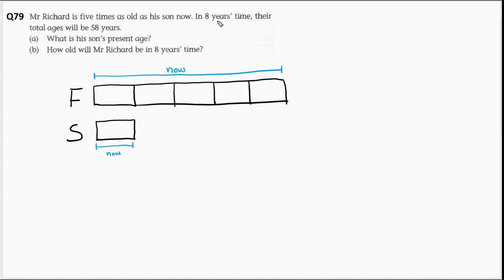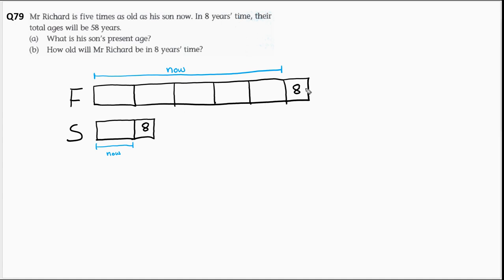Okay, right. Then it says in 8 years' time, their total ages will be 58. Now, this is the bit where you can make mistakes if you don't remind yourself that everybody ages 1 year every year. So in 8 years' time, we are going to add a block that we give a value of 8 to the father, and the same block to the son.